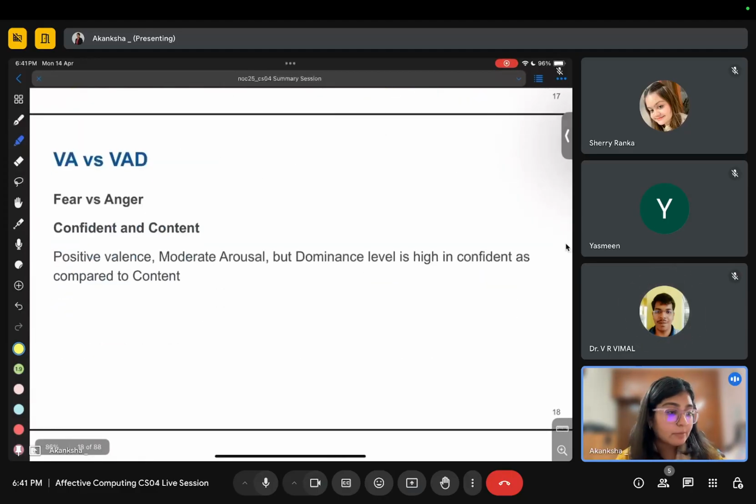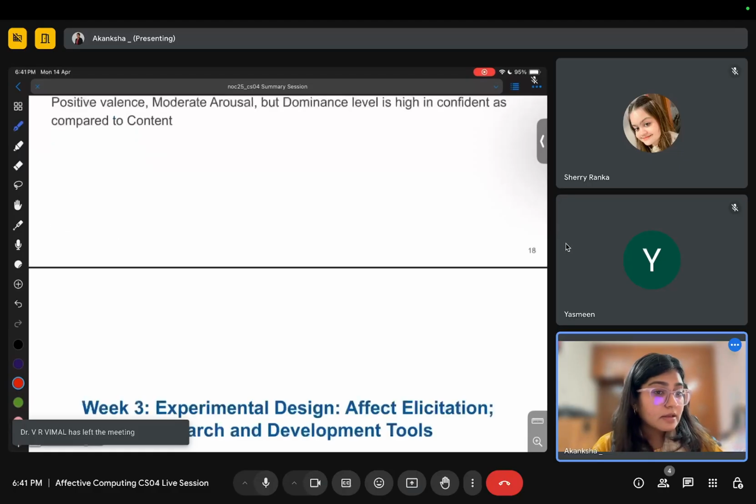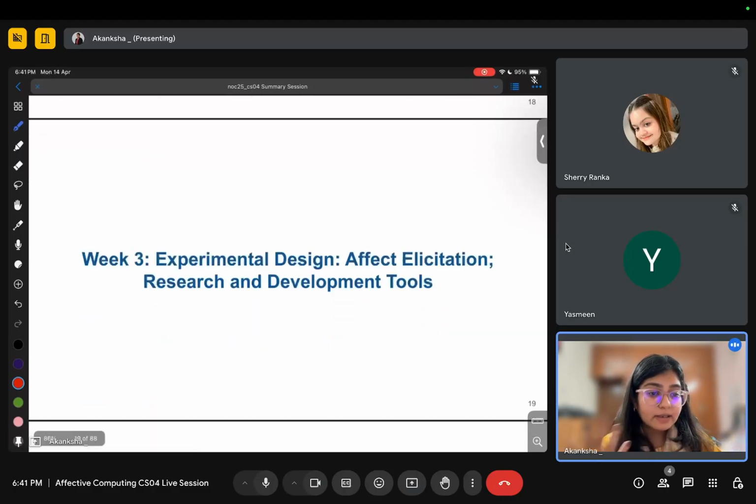Another example can be confident and content. So confident is also positive valence, moderate arousal, but dominance level is different. When confident, you are more dominant, and content, you are more on the submissive side. That is it. So, Sherry, I hope you are understanding the concept of this representation of emotions.